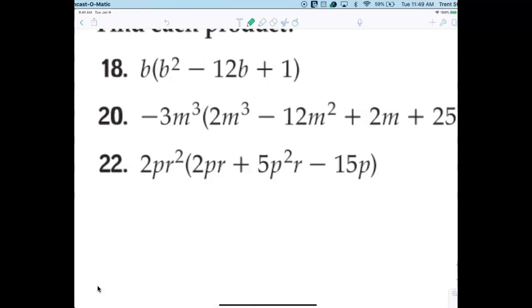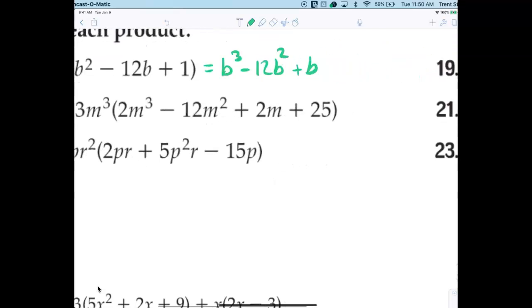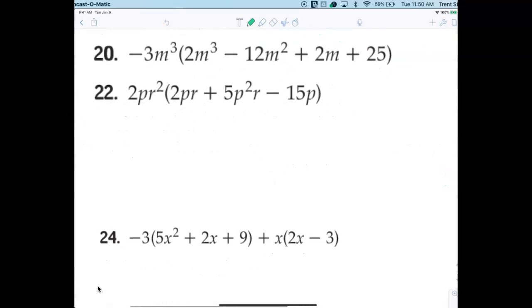Number 18. Brady. Okay, so b to the third minus 12b squared, and then plus 1b. Brilliant. All right, Mia, go ahead.